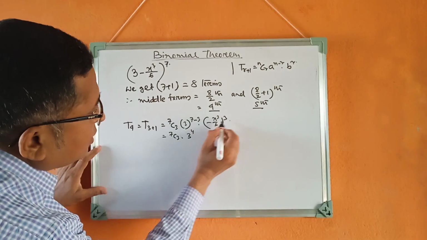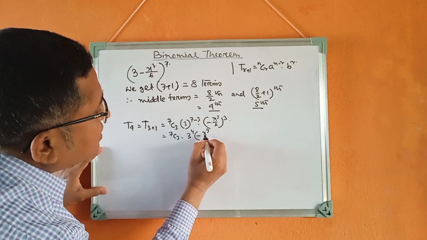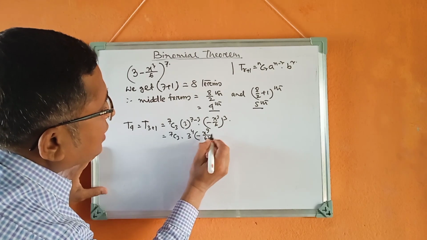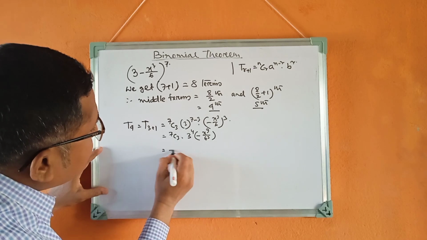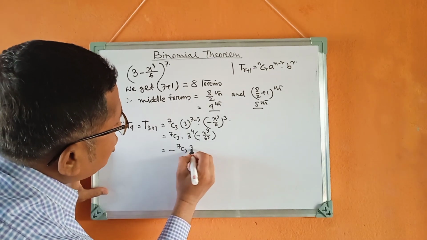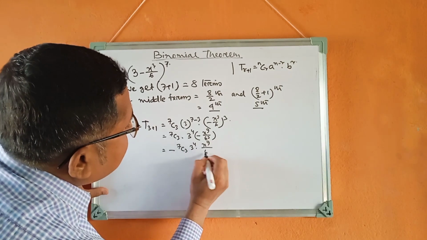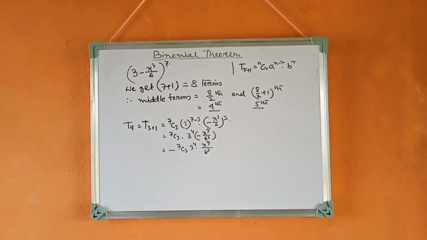And since there is a cube, the minus remains minus. So x to the power 3 times 3 is 9, divided by 6 whole cube. So we get minus 7C3 into 3 to the power 4 into x to the power 9 divided by 6 cube. That is the fourth term.